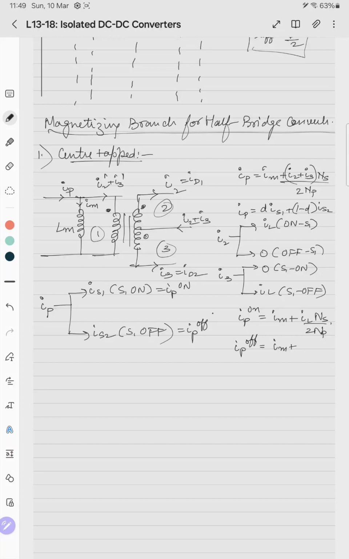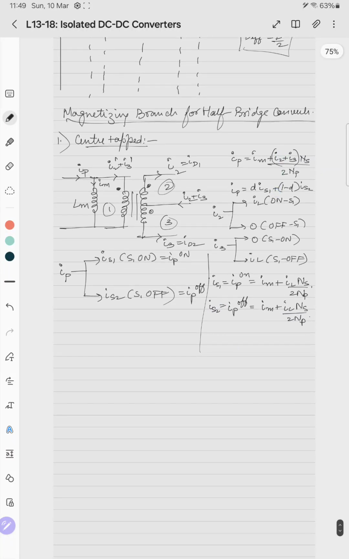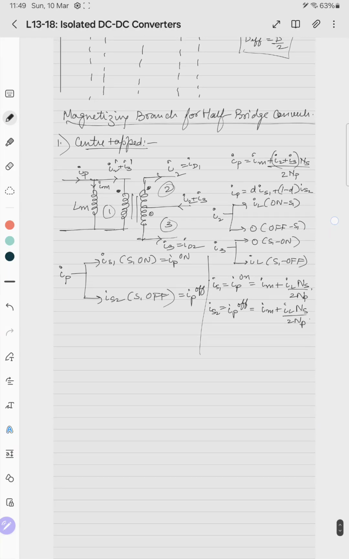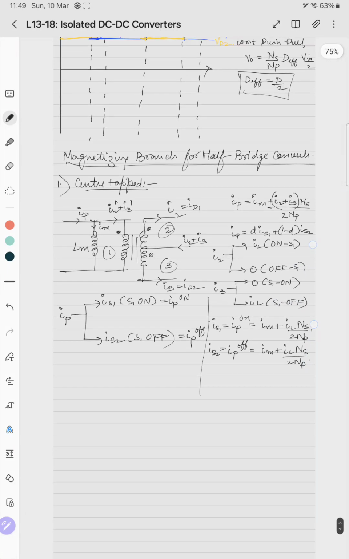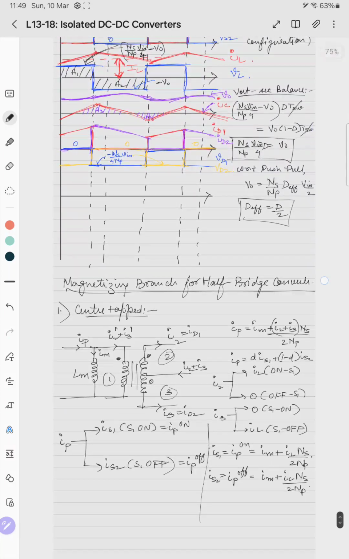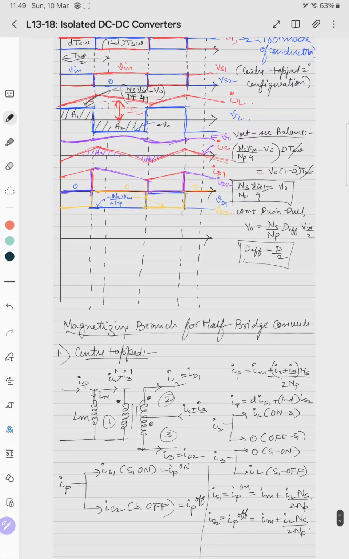I3 off is IL, so IL into Ns by 2Np. Which means that the same current is passing through it. That is equal to IS1, and this is equal to IS2. So our analysis is done. We have represented the switch current in terms of the known currents, that is the magnetizing branch current and the IL current. So first we have to plot the magnetizing current.